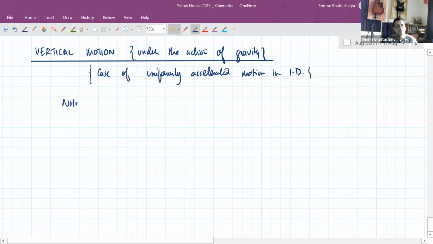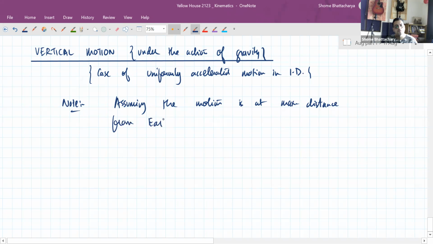Because mind you, what we are doing here is assuming the motion is at a maximum distance from the Earth's surface which is negligible compared to the radius of the Earth.